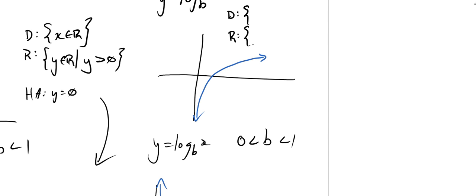It flips them, right? So the domain of the exponential is the same as the range for the logarithmic graph. So the range is y as an element of the real numbers. And when you look at the graph and you think about the nature of the function, that makes sense. Y can be anything.